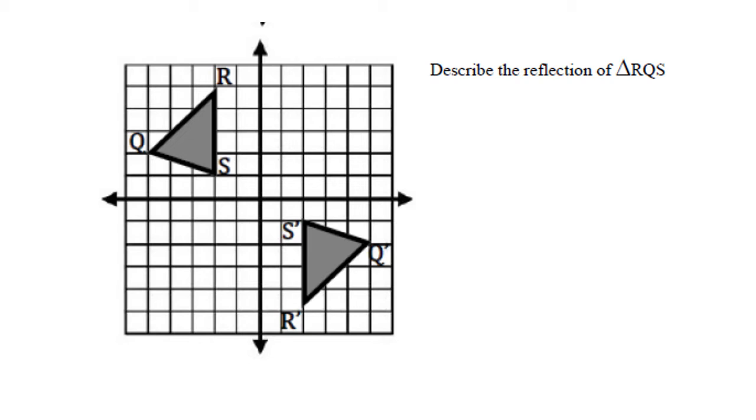This example asks us to describe the reflection of triangle RQS. So we're up in quadrant 2 right now, and it's hard to tell. It ends up in a completely opposite quadrant. So what I would do is write all of my ordered pairs and see where they started and where they ended. So R right now is at -2, 5.